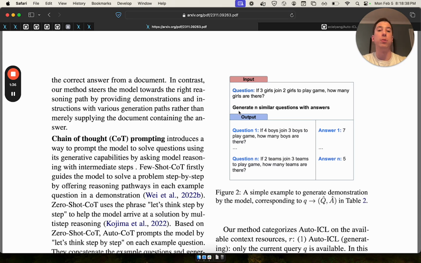So the language model does not attempt to answer this question at this point. Instead, it will generate, here's question 1 that is similar to the original question, along with an answer that goes with it. And the expectation is that by providing these synthesized examples, you're actually going to get your language model to start reflecting and thinking about how to answer this type of question.